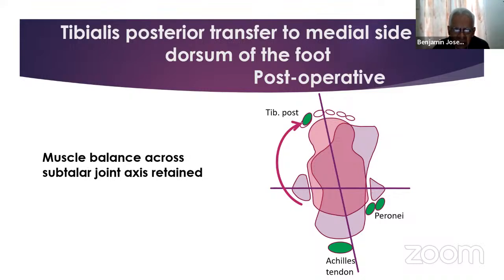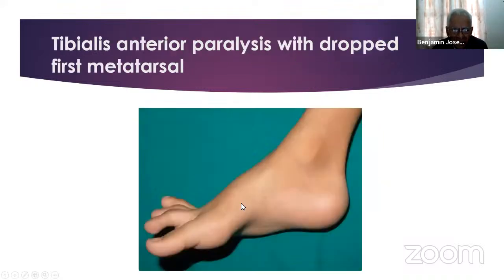And across the subtalar axis, the muscle balance is retained. We have maintained the tibialis posterior in a position where the moment arm permits inversion. So the tibialis posterior and Achilles tendon produce some inversion, and the peroneus the eversion. So we restore muscle balance.